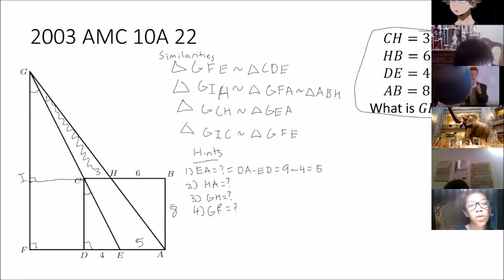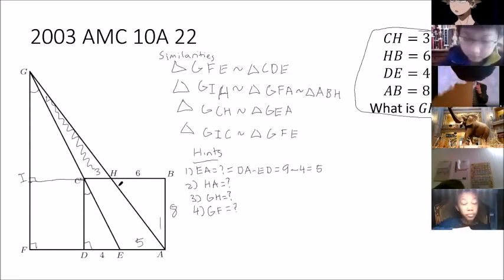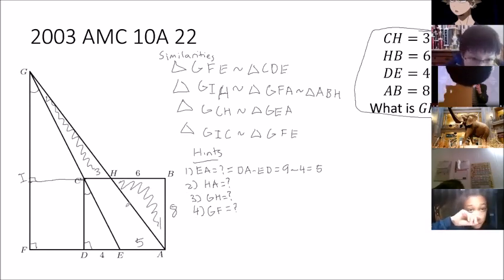And using that length of 5 can actually tell us certain things. Okay, so our next step 2 is HA. So for HA, we look at this 6, 8, 10 triangle here. That gives us that this is 10.